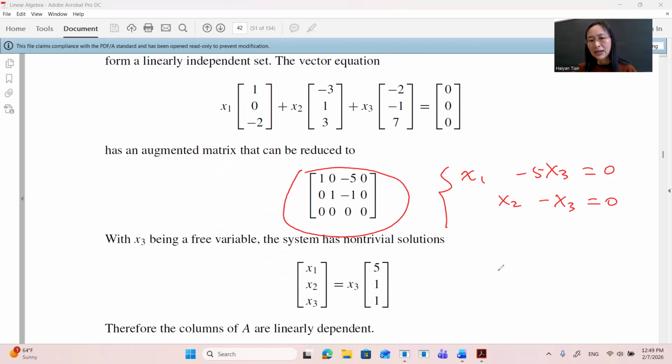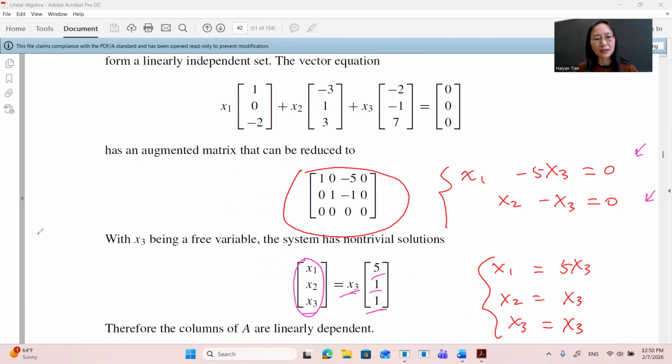So x1 is 5x3, x2 is x3, and x3 can be anything, just a free variable. So what we have done is solve the homogeneous system, and we discovered the general solution: x1 is 5x3, x2 is 1x3, and x3 is x3 because x3 is a free variable.